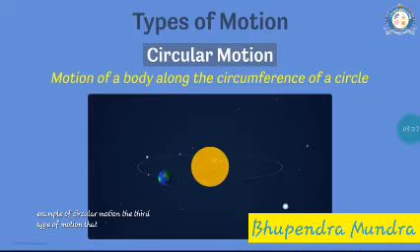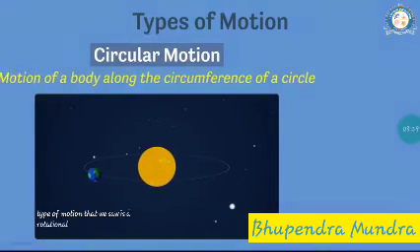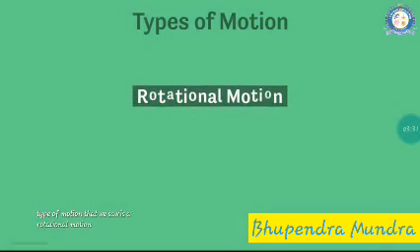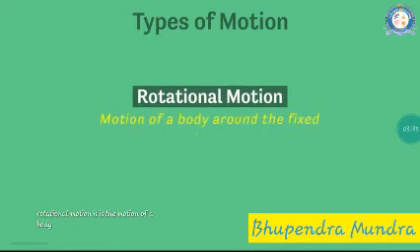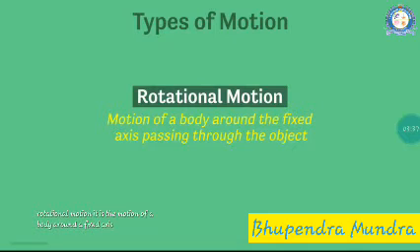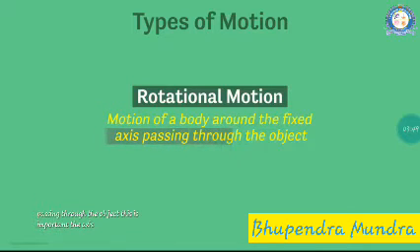The third type of motion that we saw is a rotational motion. It is the motion of a body around a fixed axis which is passing through the object. This is important. The axis has to pass through the object.